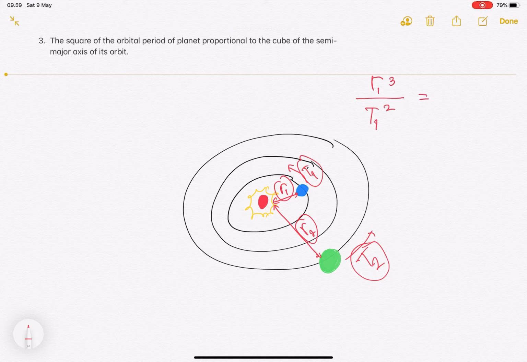It's the same, like R2 cubed over T2 squared.